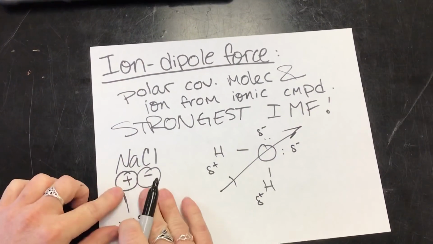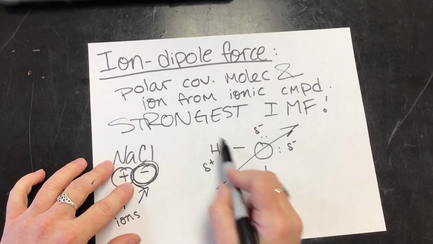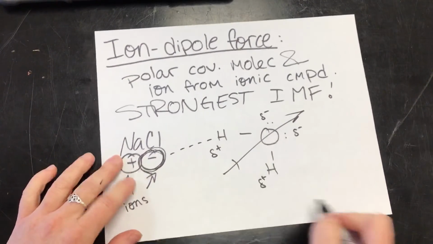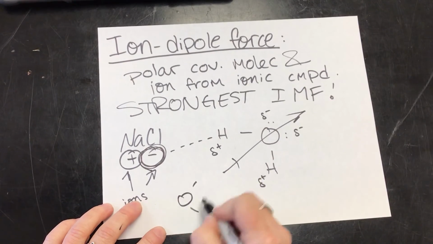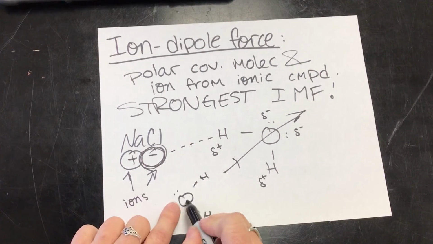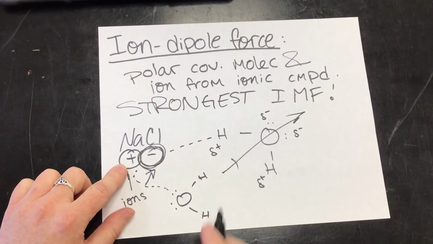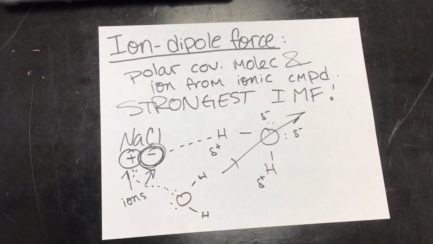Now when you introduce an ion to it, you end up getting a force of attraction between the positive hydrogens and the negative ions. And then another water molecule can come around. So here, I'll draw it like this. And you end up having a force of attraction between this partial negative oxygen and the positive ion, and it separates those ions.